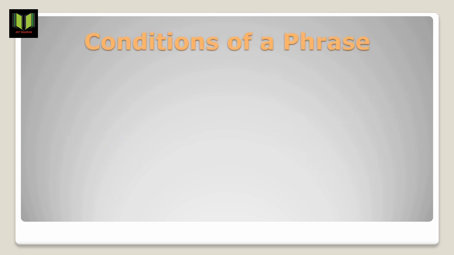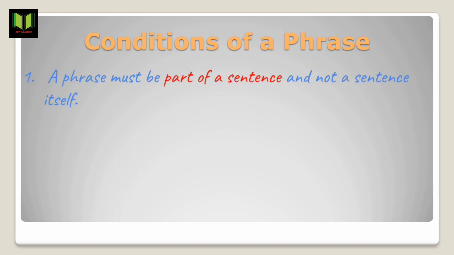So let's focus now on the conditions of a phrase. Number one, a phrase must be a part of a sentence and not a sentence itself. Very important thing to remember. Point number two, it is a group of words and not a single word.